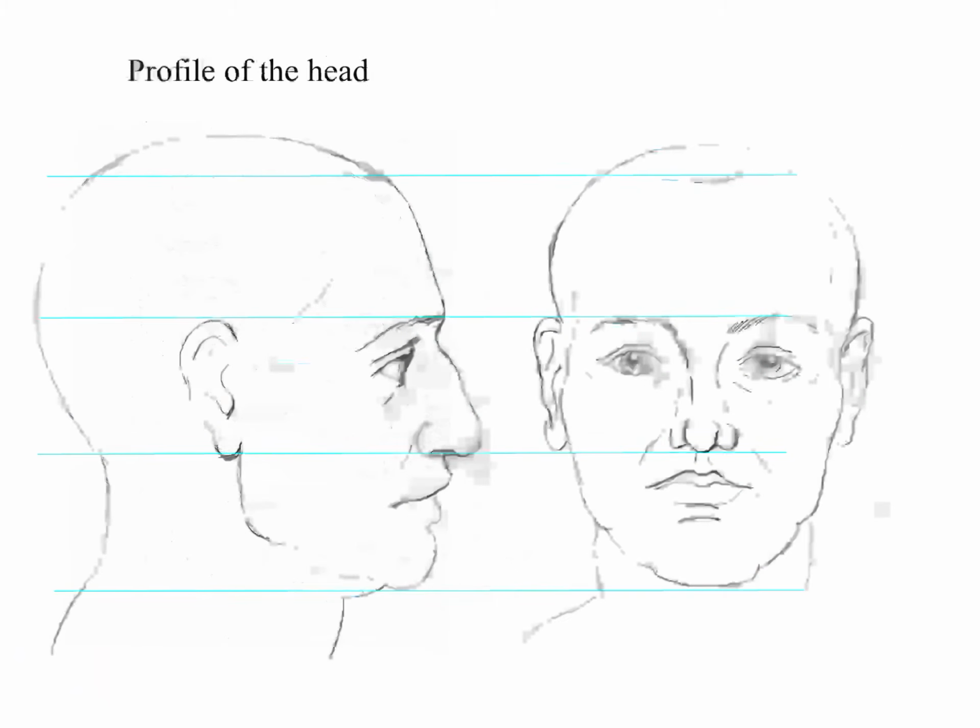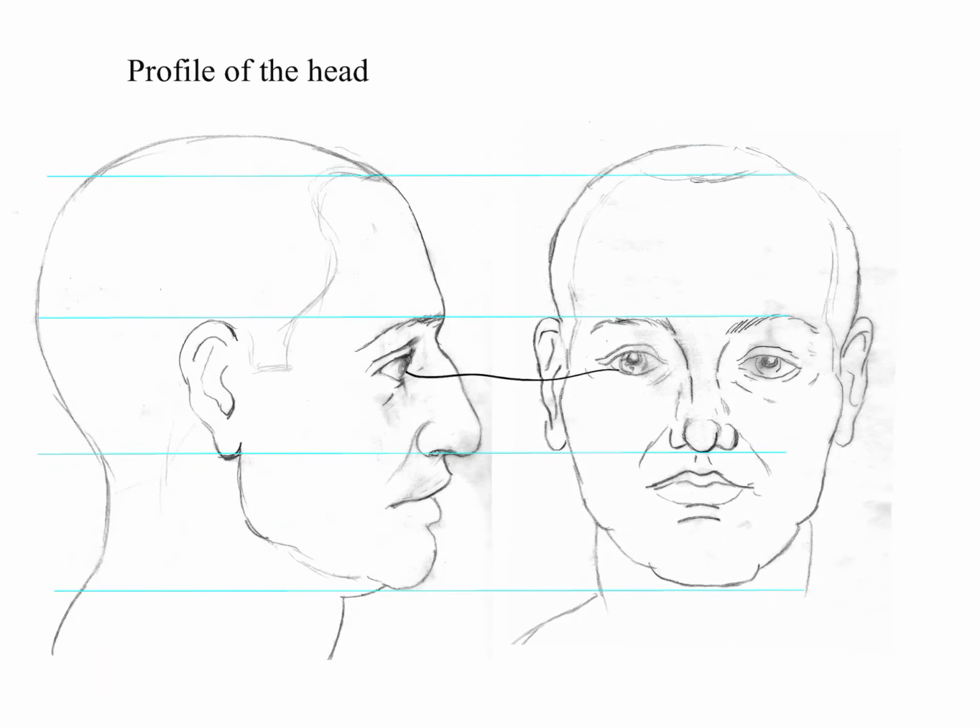And let's keep going here. So now with the profile of the head, looking at the head sideways, the proportions just transfer over. So your eyes are still halfway down. There's still these thirds. Okay. The different thing now is that we've got to figure out the depth of the head.